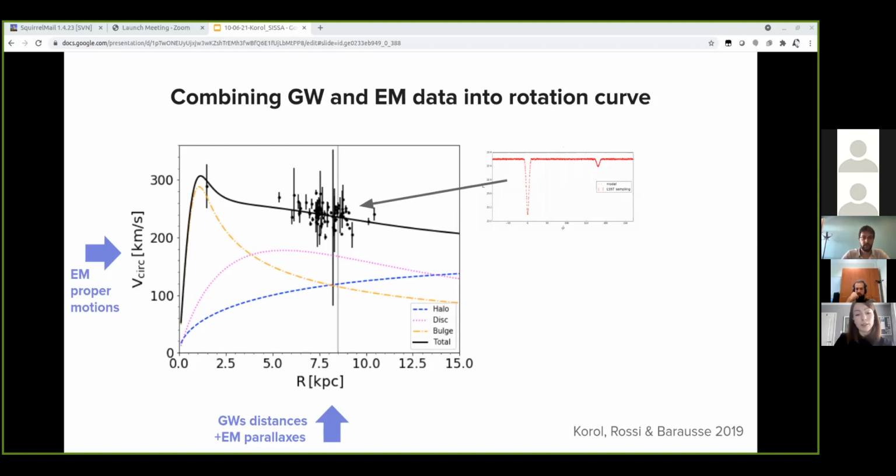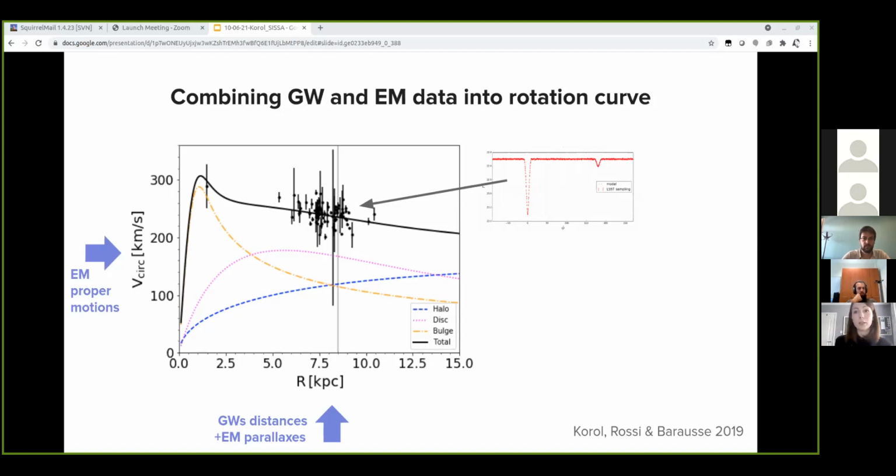That information goes on the x-axis. And then we can use proper motions, so the change in the position on the sky of the binary over time, and we can use that to compute the circular velocity of the binary in the galaxy. And that information goes on the y-axis.